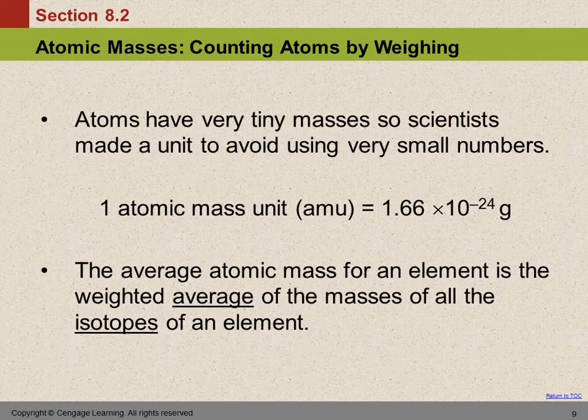Well, we don't deal with atoms individually, we deal with large numbers of atoms. And so we deal with the average mass, just like we talked about the average mass of the jelly bean. We're not looking at individual jelly beans, we're looking at a whole bag full of jelly beans. So the average mass for an element is the weighted average of the masses of all the isotopes of that element.